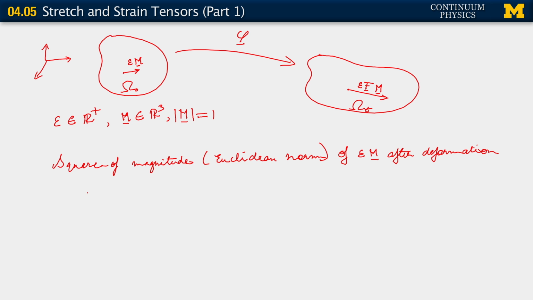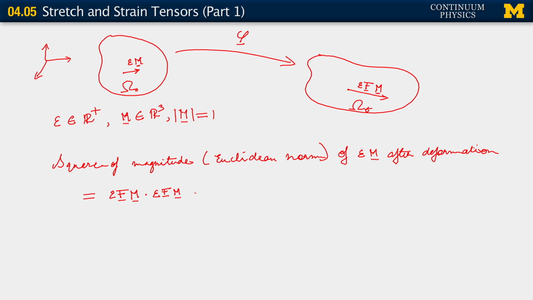We have this quantity that we're talking about, which is simply epsilon F m dotted with itself. Now, what I'm going to do is write this out using coordinate notation.